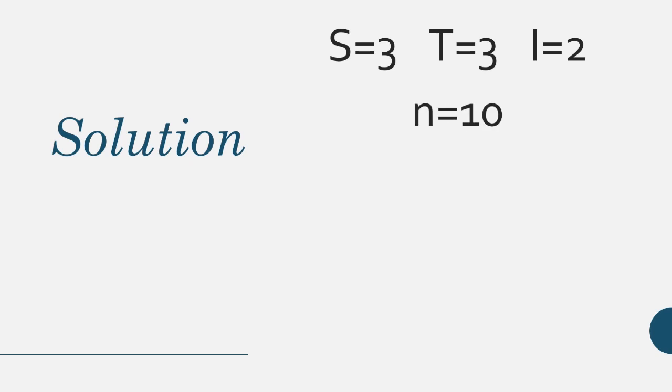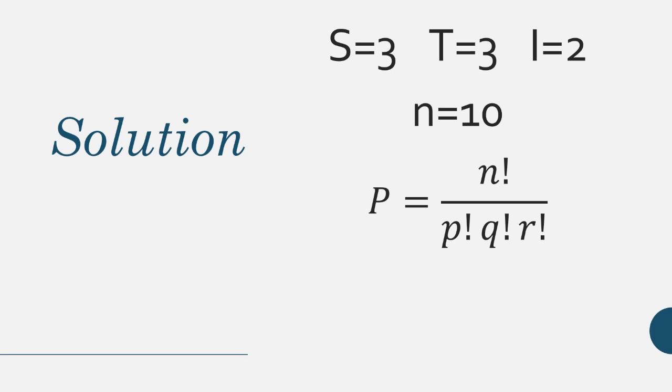Identifying the given, meron tayong tatlong S, meron tayong tatlong T, at meron tayong dalawang I. At kung bibilangin naman natin yung letters sa word statistics, meron tayong 10 letters. So, that means the value of n is 10. So, using the formula, we have the permutation of n factorial all over P factorial times Q factorial times R factorial.